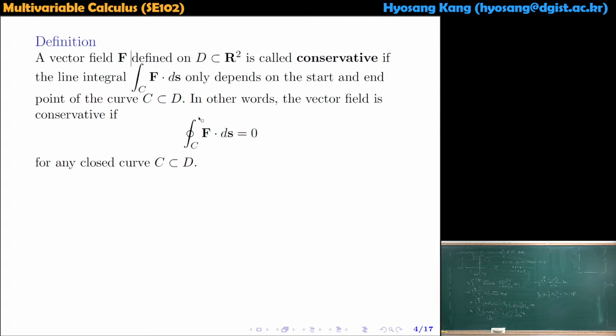So in other words, a vector field is conservative if the line integral over a closed curve is 0. So what is a closed curve? A curve is called closed if the start point and end point are the same. Let me write that on the board.